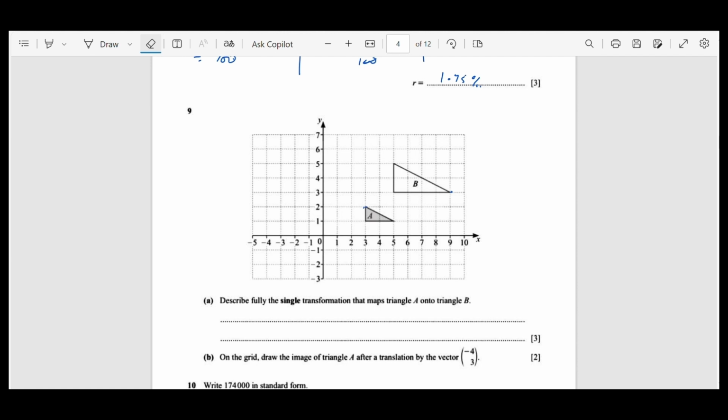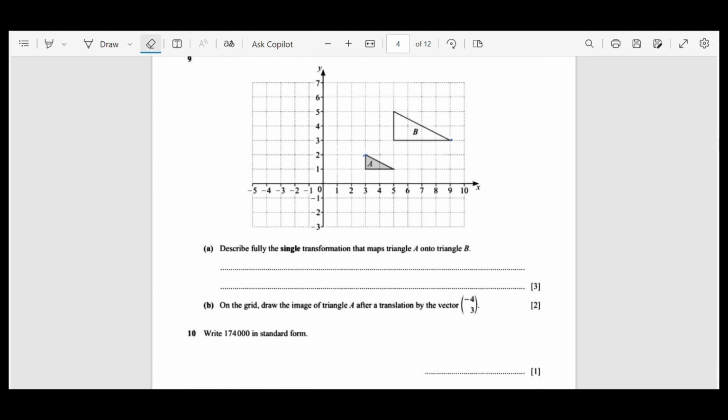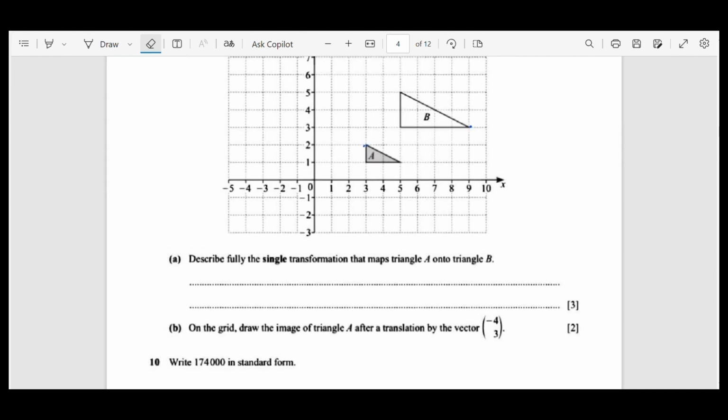Question number 9. Describe fully the single transformation that maps triangle A onto triangle B. For this, as we can see, it is enlargement. So for enlargement, we will require two things, right? One is the center of enlargement and the other is the scale factor.